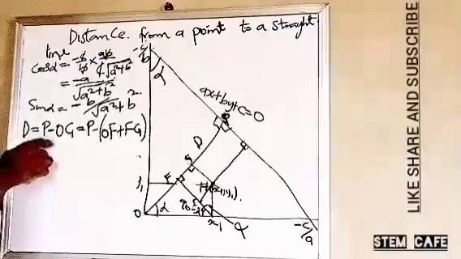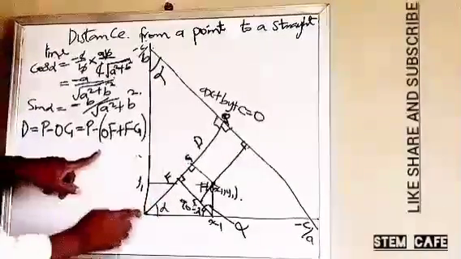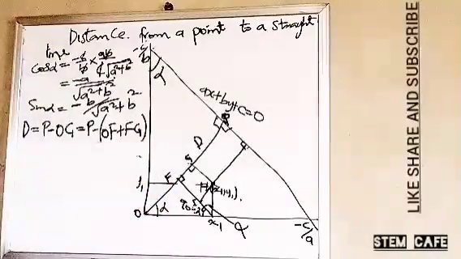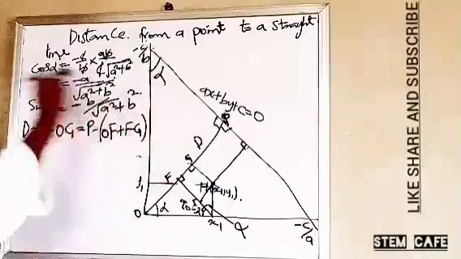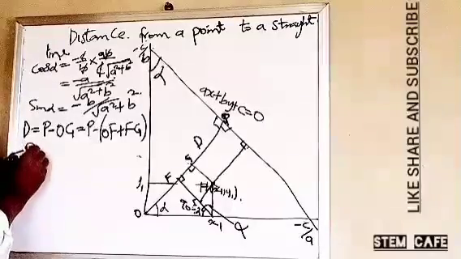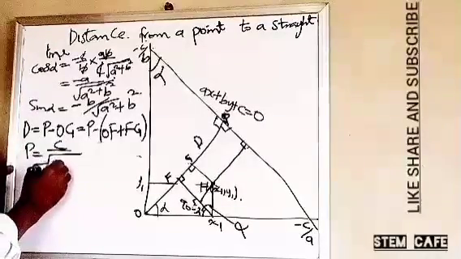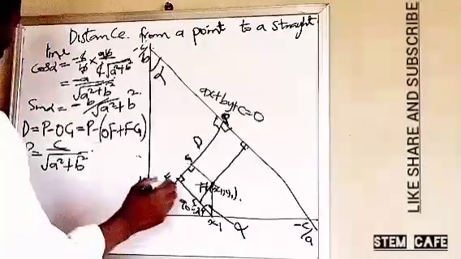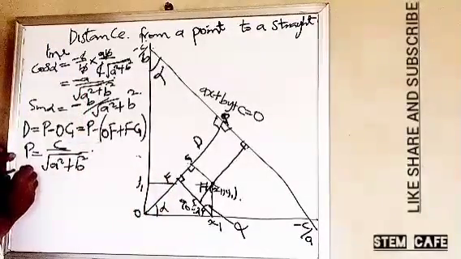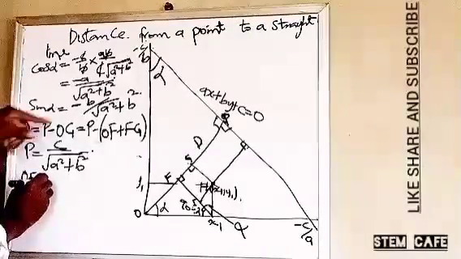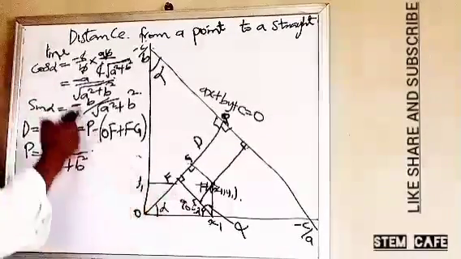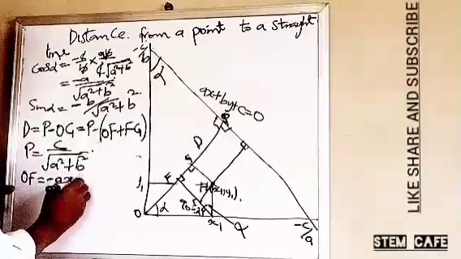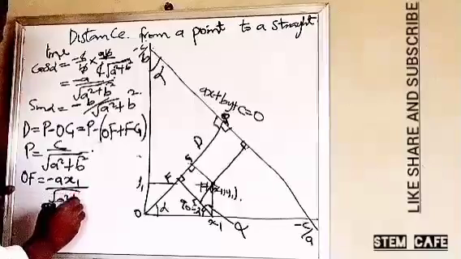We said that d equals p minus OG, which is p minus the bracket of OF plus FG. We knew our p from the last section, that p equals c over square root of a squared plus b squared. Therefore, our OF will be equal to, we said x1 times this, so minus ax1 over square root of a squared plus b squared.